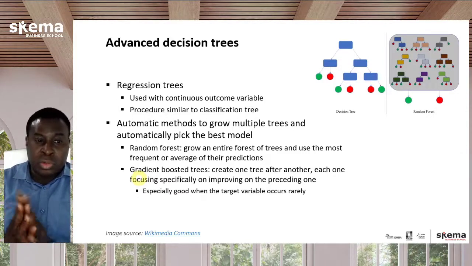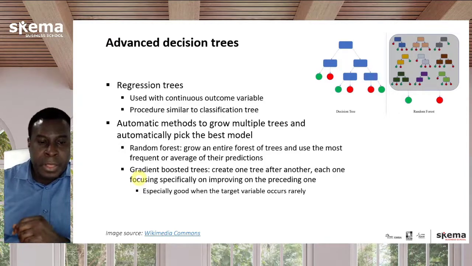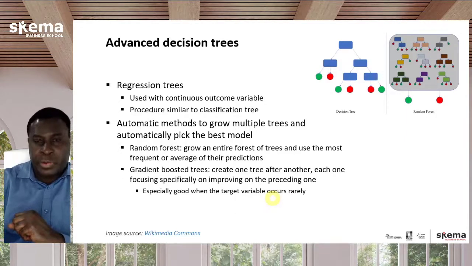And that's called gradient boosted trees. And this is especially useful when the target variable is something that does not occur that frequently.